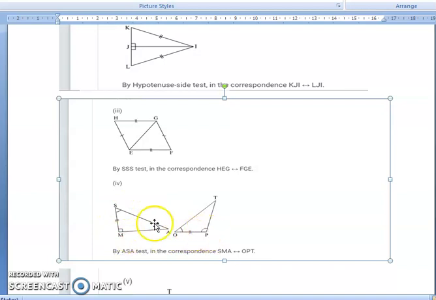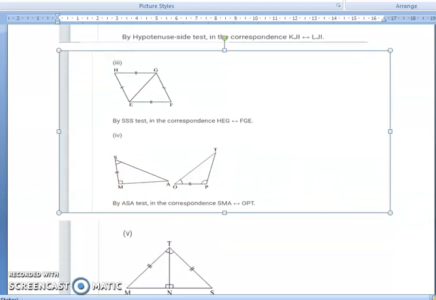So these two triangles are congruent by the ASA test, with the correspondence SMA corresponding to OPT. Angle, side, angle is the test of congruence.